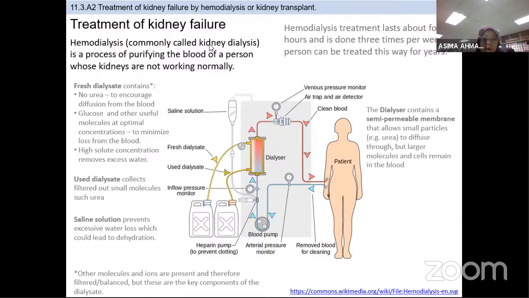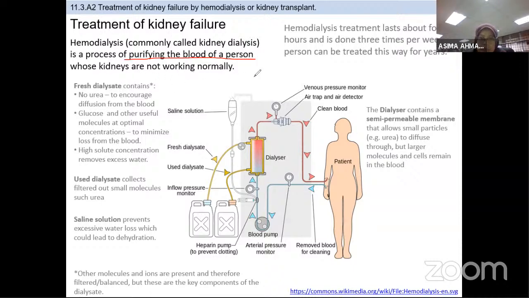Alright, commonly called kidney dialysis. So it is a process of purifying the blood of a person whose kidneys are not working normally.